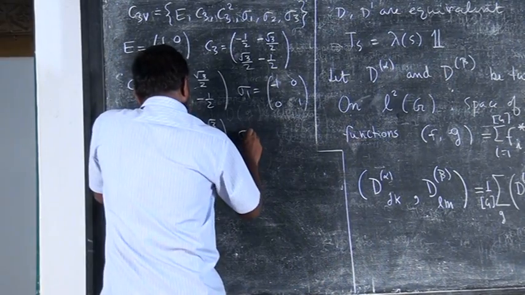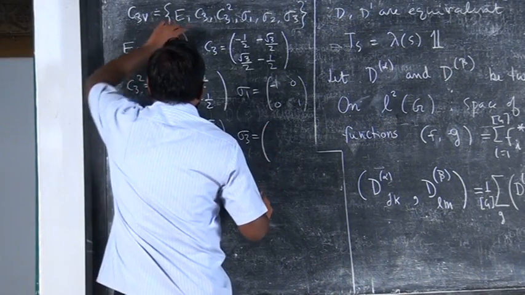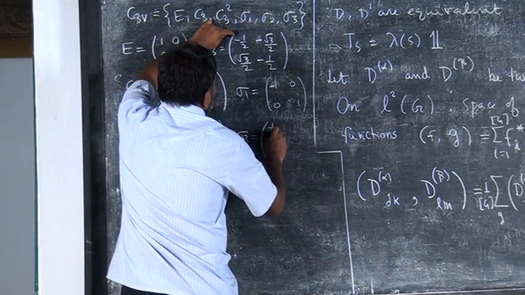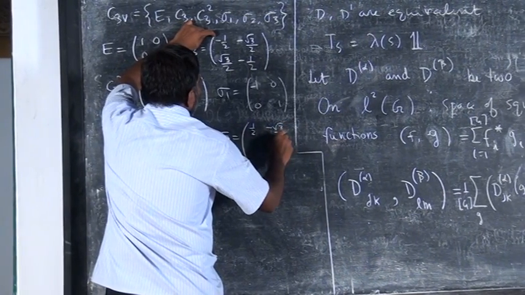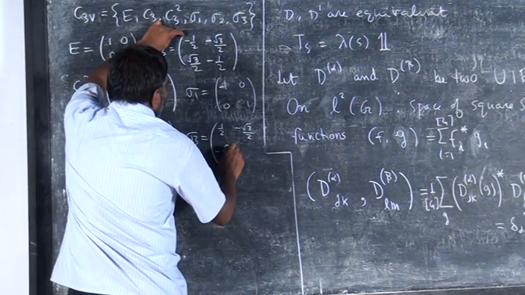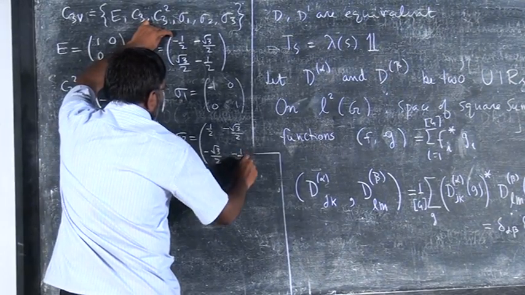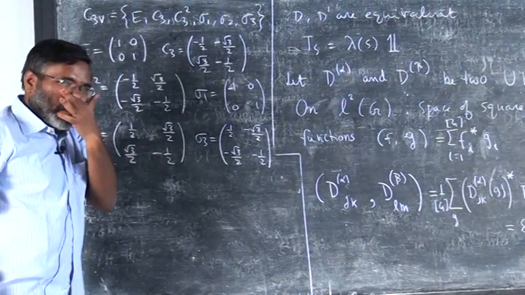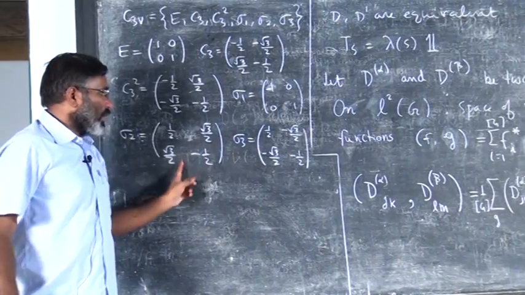And sigma 3 I get from here: half, minus root 3 by 2, minus root 3 by 2, minus half. Is that correct? Just check whether these are correct.